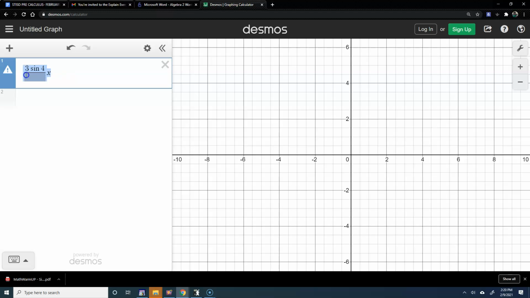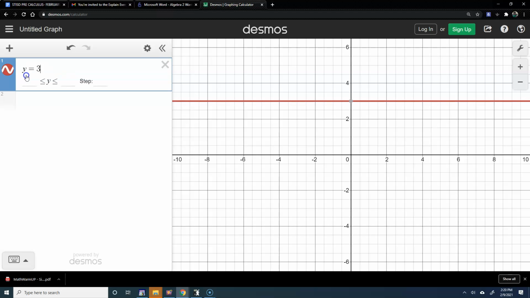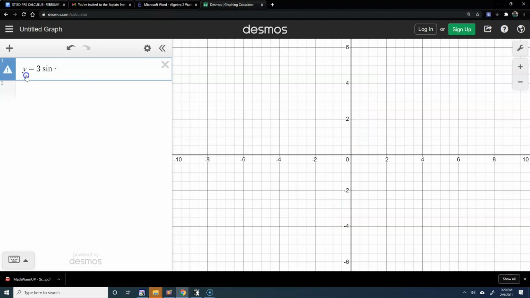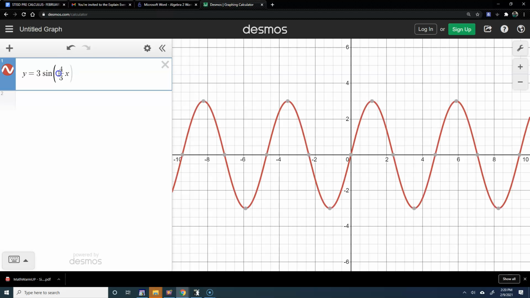So let me go ahead and do this again. y equals 3 sine 4/3 x. So we have 3 times the sine of 4/3 x.